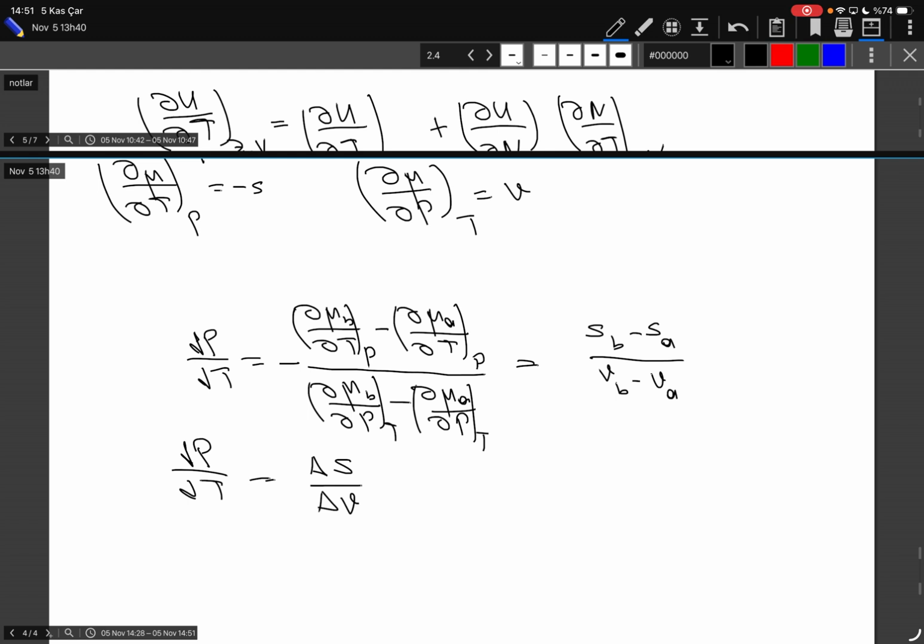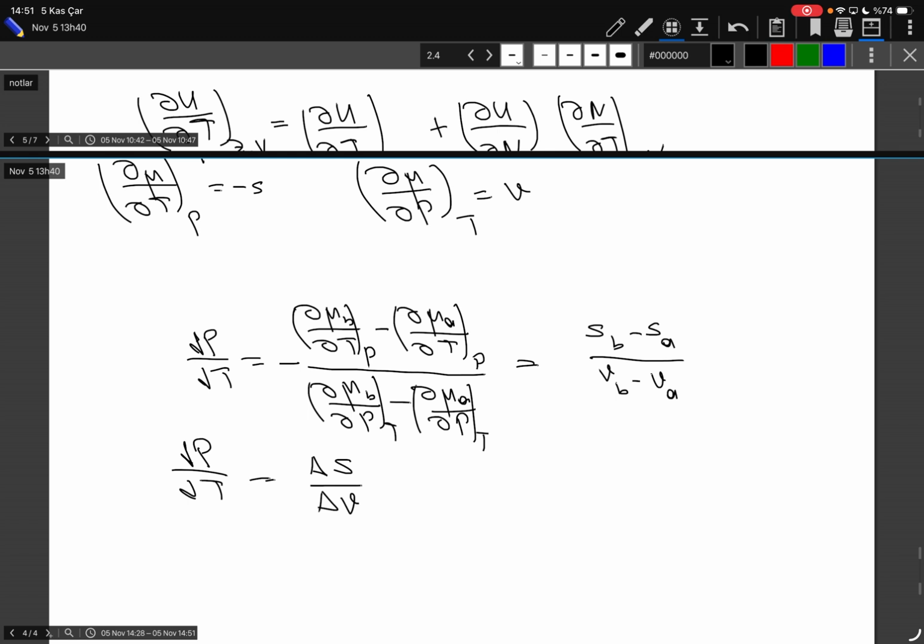Well, during phase transitions, the pressure doesn't change. During phase transitions, you have to give some heat to the system to go from one phase to the other. If you consider, for example, the liquid-gas phase transition, you have to break the bonds between the molecules in the liquid so that the liquid becomes a gas.